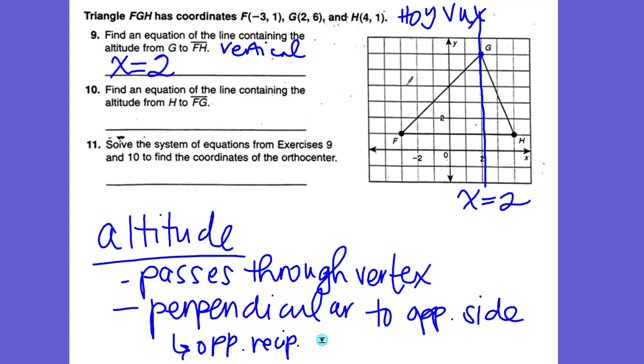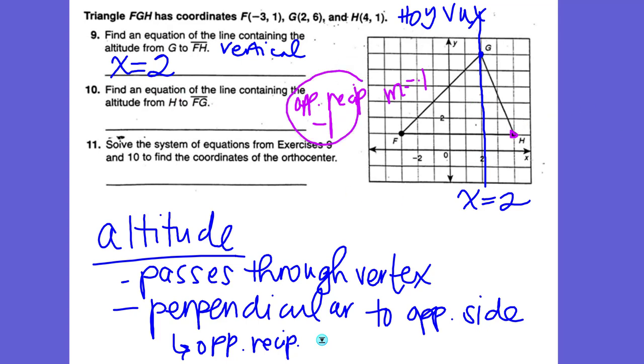Up 5 over 5 reduces to 1. So if the slope of FG is 1, then the opposite reciprocal slope, since it's going to be perpendicular, is -1, and it has to pass through point H.